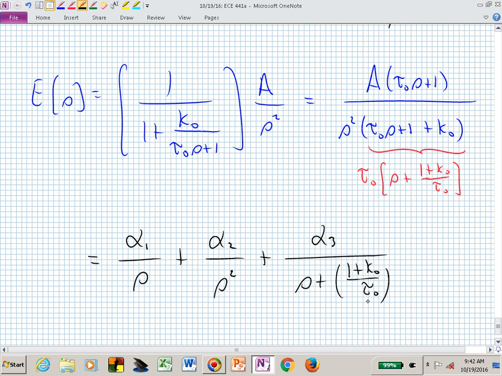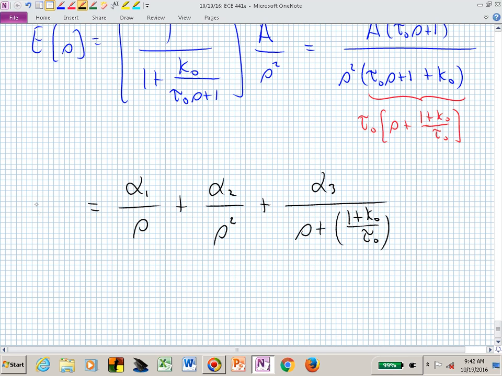So now if that's my partial fraction expansion, and if I've solved for these alphas, what's little e of t in terms of the alphas? What's e of t?